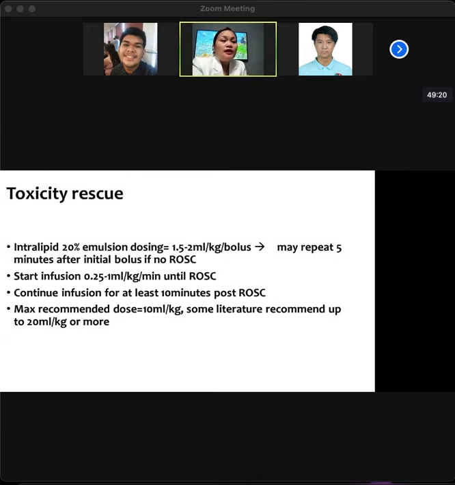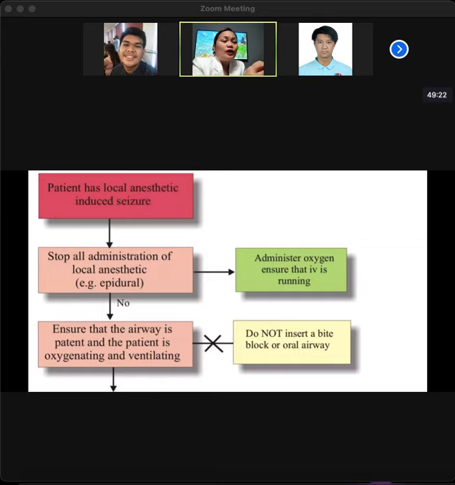Okay, this is the algorithm for your treatment of systemic toxicity of your local anesthetic. When you see a local anesthetic-induced seizure, then stop all the administration of your local anesthetic and then administer oxygen and ensure that the IV is running.